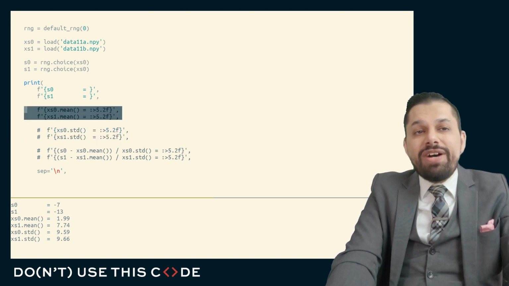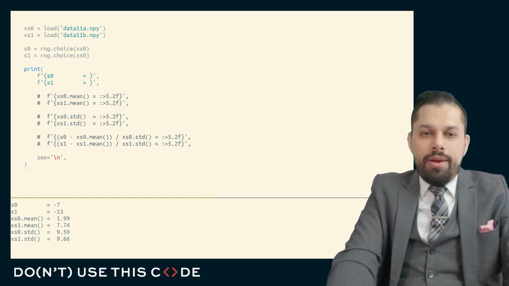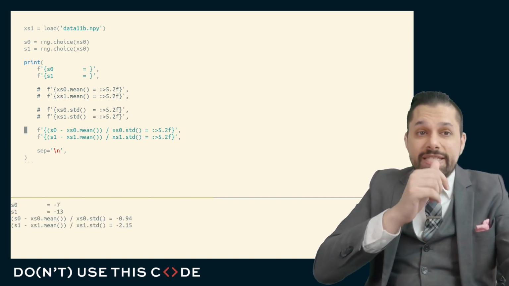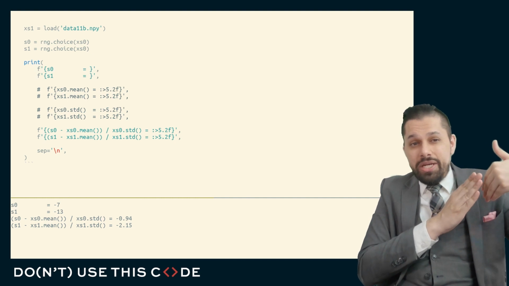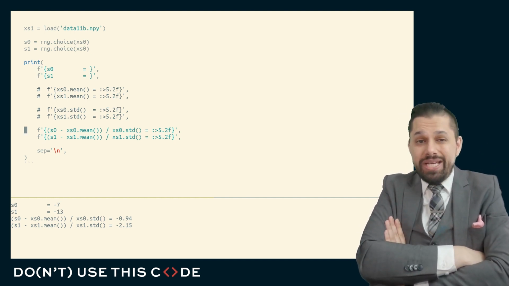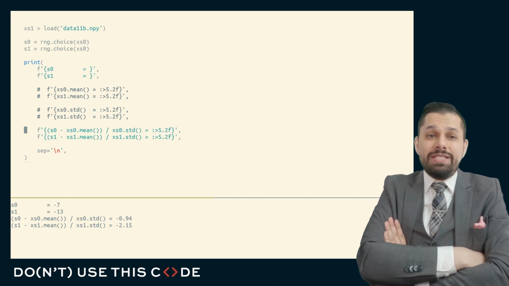But if I take S1 and S0 and run them through the Z-transformation, namely I demean them and divide by the standard deviation, I can say S0 is about 0.94 standard deviations from the mean. S1 is about 2 standard deviations away from the mean. In fact, this S1 value is clearly way more of an outlier than this S0 value.